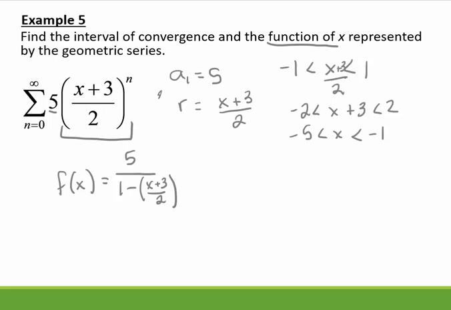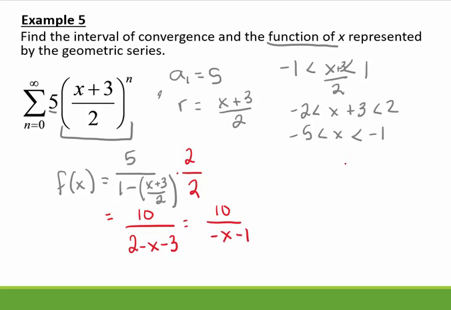If I multiply the top and bottom by 2, just to simplify it out a little bit, I get 10 over 2 minus x minus 3. And that is going to simplify to 10 over negative x minus 1.